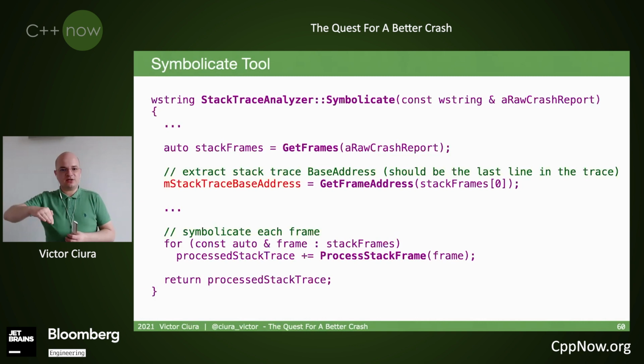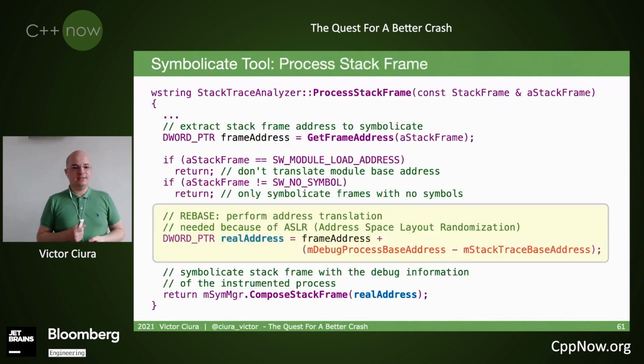So the first stack frame is always the module base address, and that's one that needs to be taken care of separately. And then you just iterate through all the stack frames that you got with that helper function, get frames from the crash report, and you process each frame. So this is mostly all the code. And we're going to see now the helper functions here, get frames, get frame address, and process stack frame.